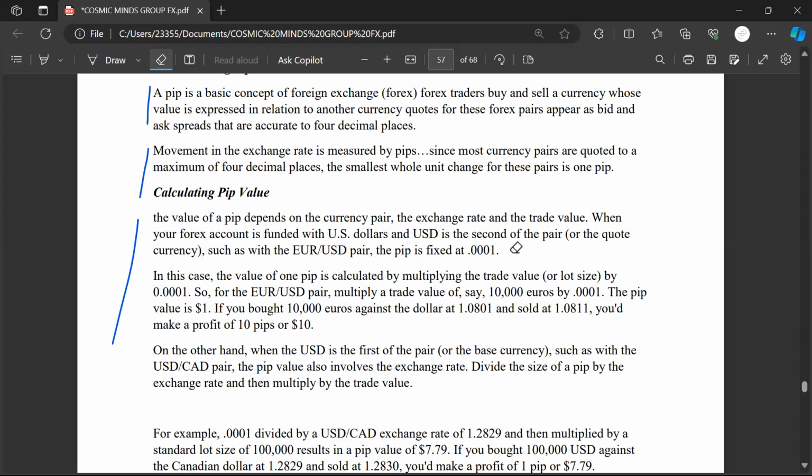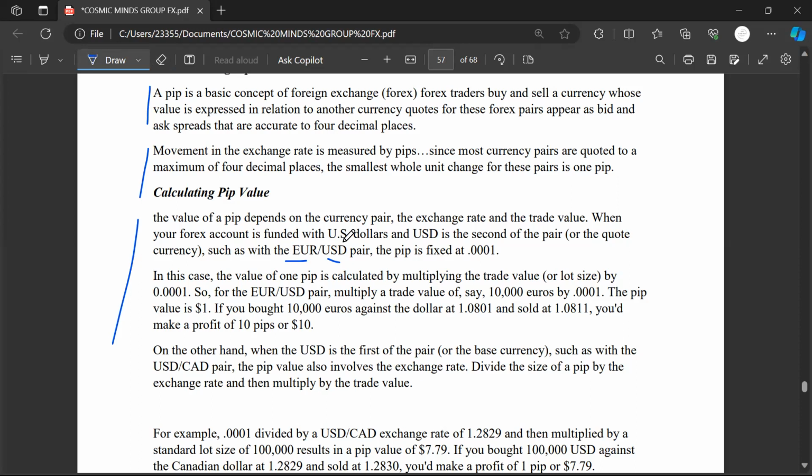Now let me draw attention to this, so that instead of saying the second leg and the third leg, I don't get confused. In every pair, the first currency is called the base currency, and the second one is called the quote currency. So now that you know the terms, I'm going to use them.